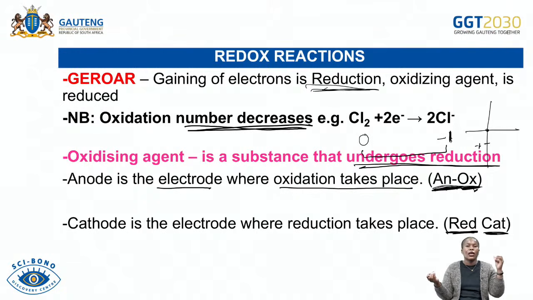The anode is the electrode where oxidation always takes place, and the cathode is an electrode where reduction takes place. Another important thing to remember is that when there is a loss of electrons, there is an oxidation happening in that reaction, so there's going to be an increase in the oxidation number. However, if there is a reduction taking place, there's going to be a decrease in the oxidation number. Okay.